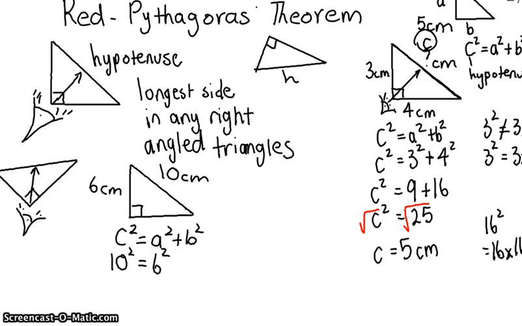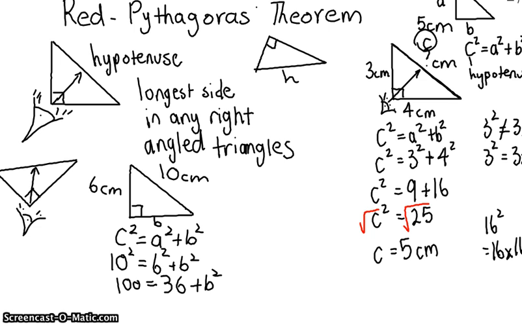What's our B, Sam? Unknown, we don't know what it is. 10 squared, 10 times 10. Good. 100 equals 6 squared, 6 6s are 36, plus B squared.